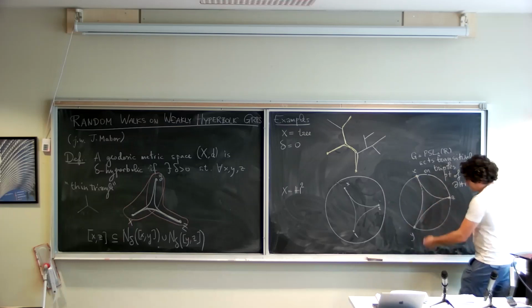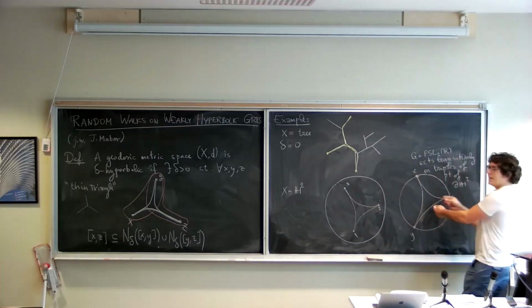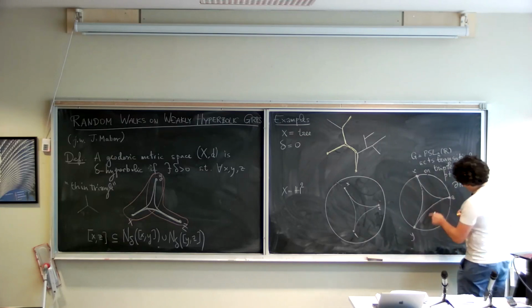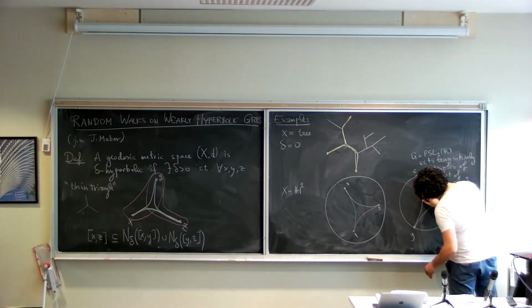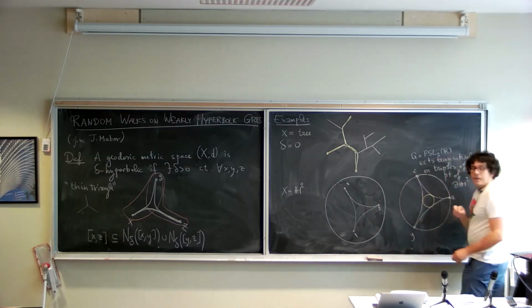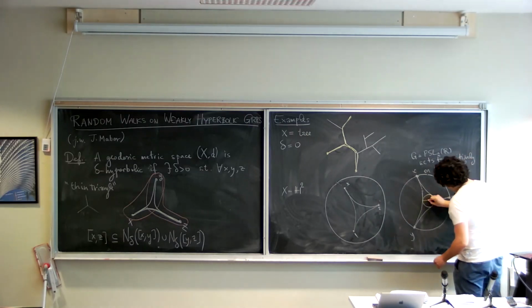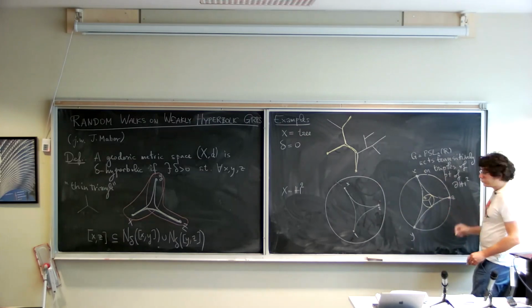Then you can measure what happens in this triangle, and find an incircle of this triangle, and the incircle of this triangle basically gives you the delta.